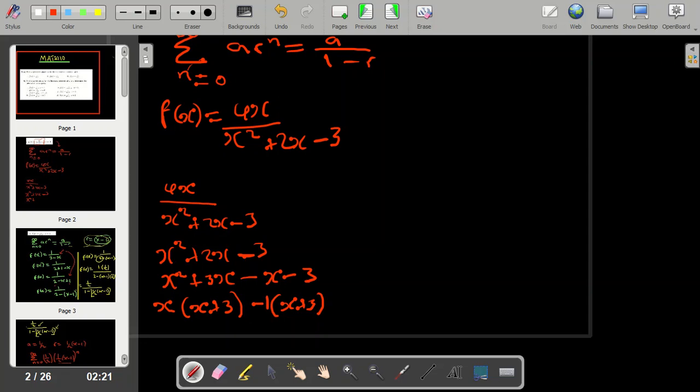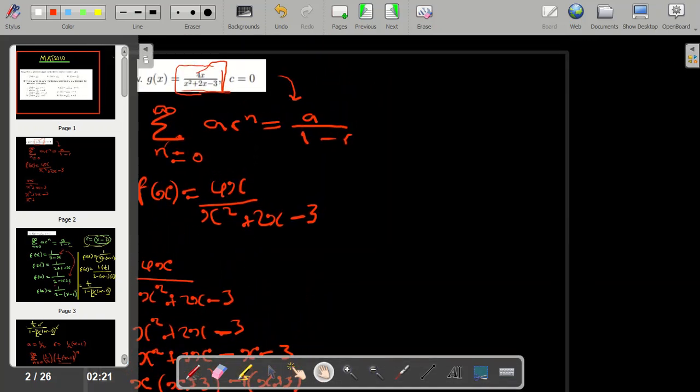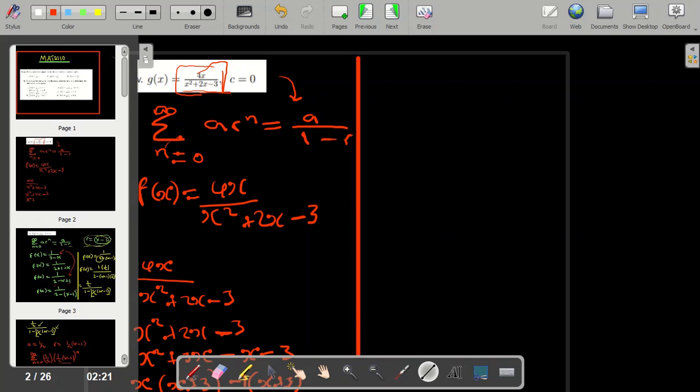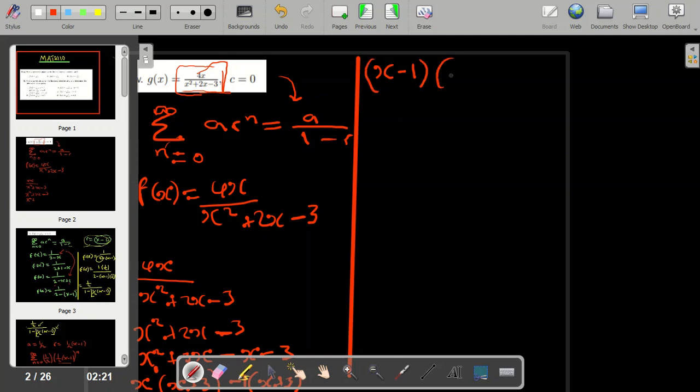So this turns out to be x minus 1 and x plus 3.